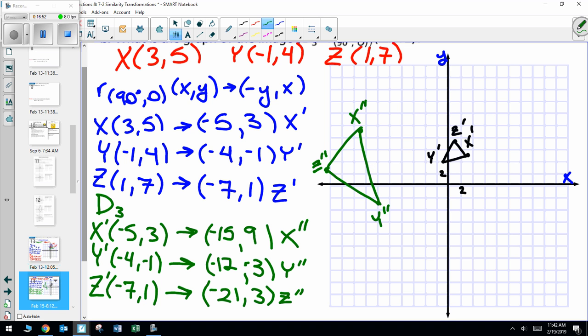So that's what it would have looked like, rotating it by 90 degrees and then dilating it by a factor of 3. Sorry to change the scale there.